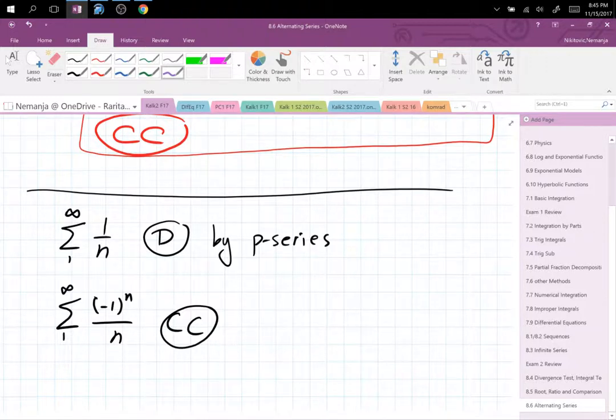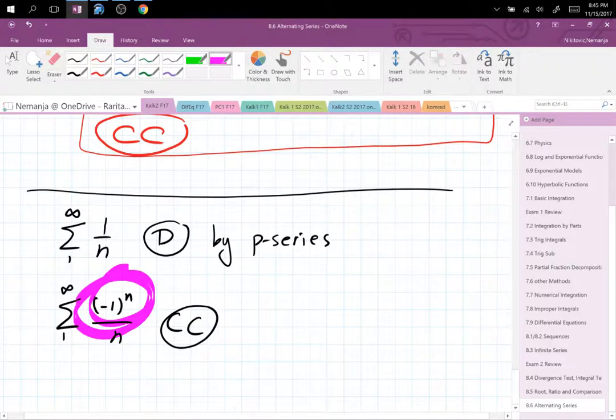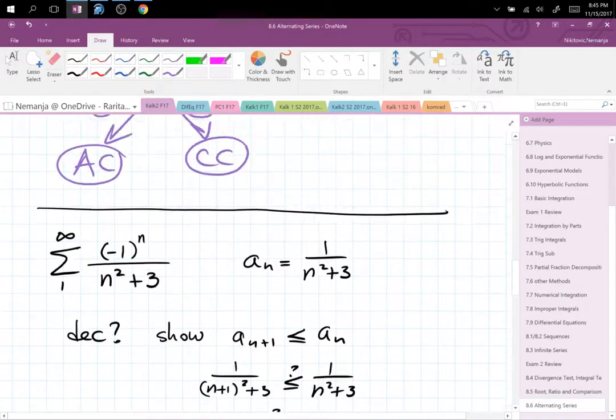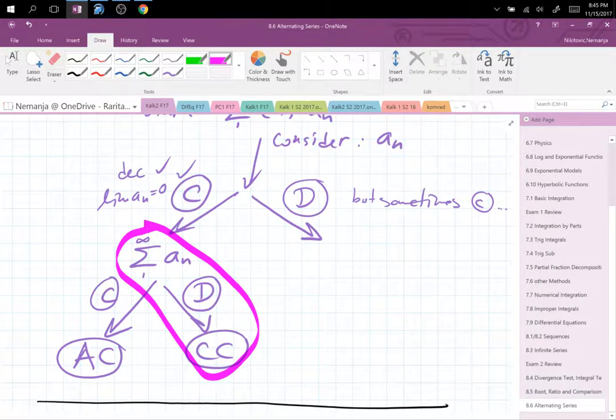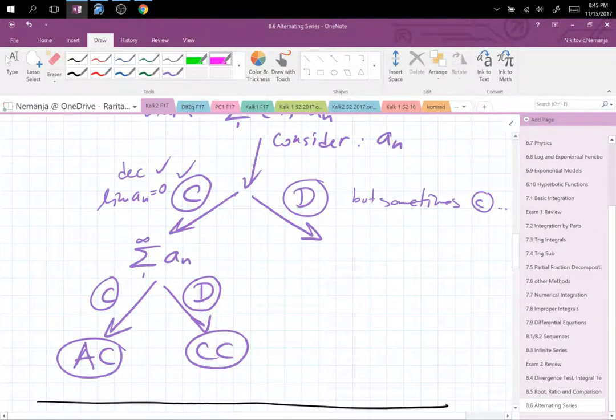When you say that the series converges conditionally, that means it converges only because the alternating term is there. And you can actually see that in the tree. If you remove the condition of alternation, it diverges. Bring that in, it converges. So we call that conditional convergence. If you take that condition out, it becomes divergent.